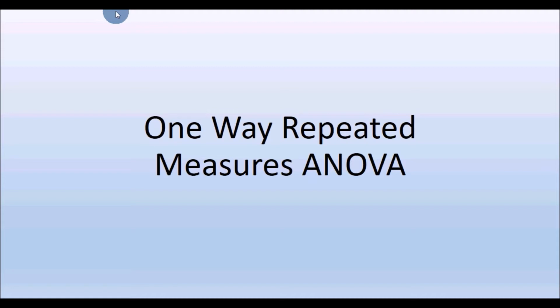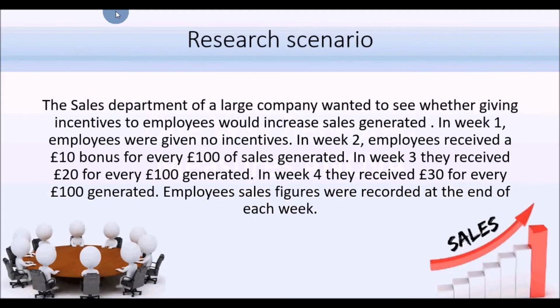If we run through the one-way repeated measures ANOVA first, what I've got again is a research scenario. The sales department of a large company wanted to see whether giving incentives to employees would increase sales generated. In week 1, they were given no incentives. And then from weeks 2 to 4, the incentives increased.